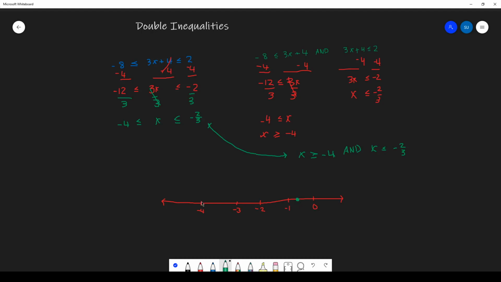And negative 4 is right here. Another closed circle because remember, we are dealing with a greater than or equal to.